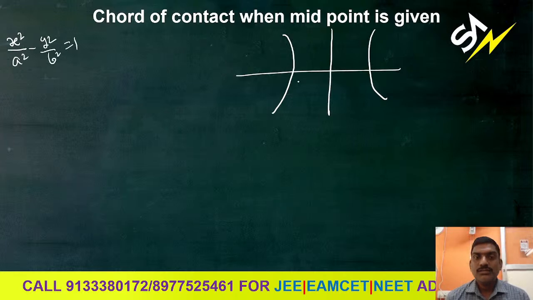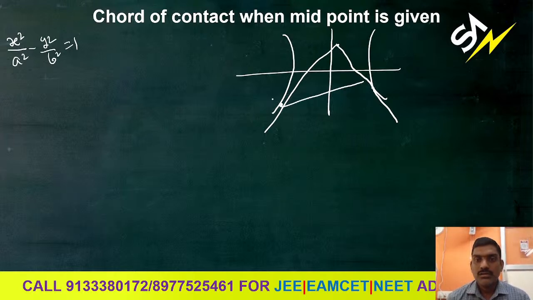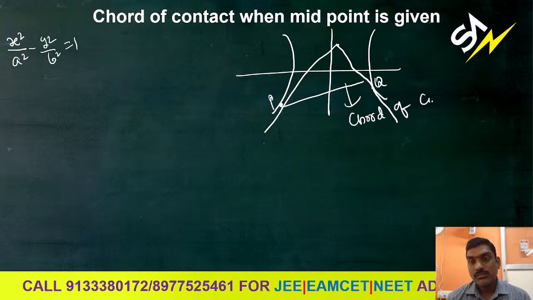Now, how do we draw the chord? These two points are joined, P and Q, so this is the chord. For this chord, the midpoint R is given. Let the midpoint be x1, y1.